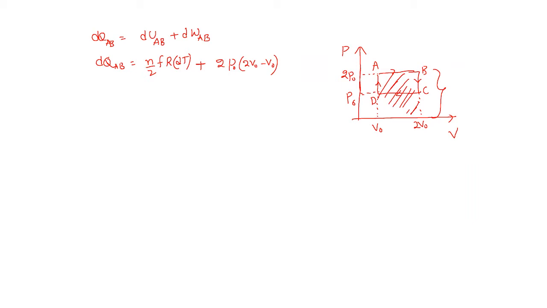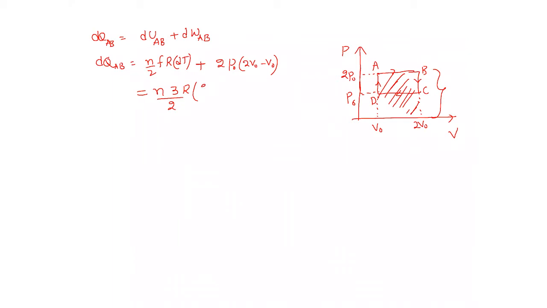Here n value is not given, but f value we know, it's a monoatomic gas, 3. So 3n by 2 R dT, the change in temperature. Now, what is the temperature at the point A? Already I told you how to calculate it, by applying the ideal gas equation.